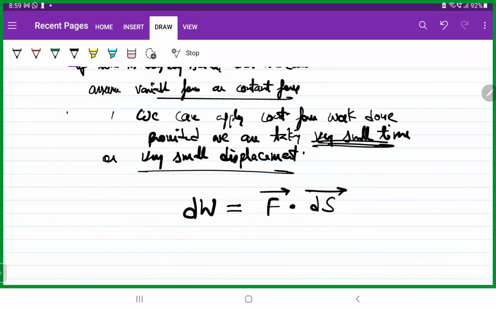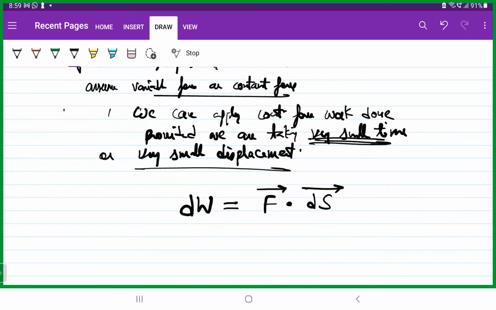So if you apply this formula in calculus form, dW is equal to F dot ds, then we can say that yes, force is assumed to be constant, even if it is variable.